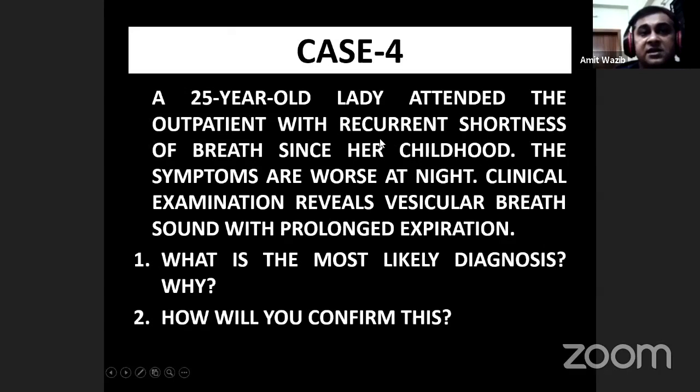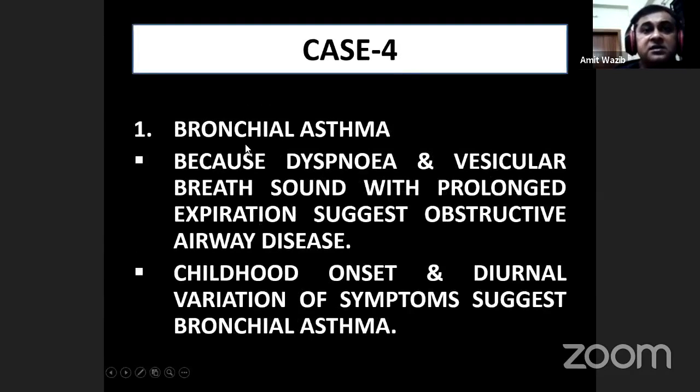Then the patient has severe symptoms at night. So these two points indicate bronchial asthma. This is bronchial asthma because dyspnea and vesicular breath sound with prolonged expiration suggest obstructive disease, and childhood onset and diurnal variation, that is worse at night, indicate bronchial asthma.